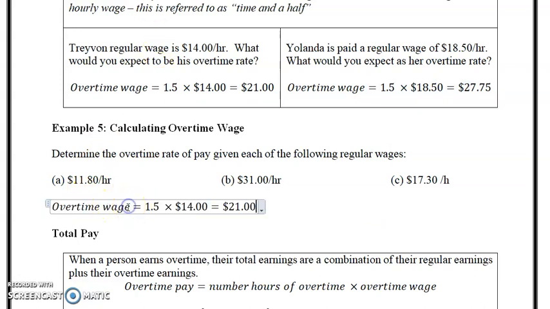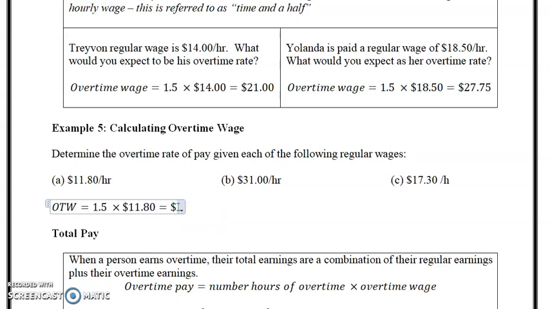Okay. So the overtime wage is equal to 1.5 times 11.80. I'm just going to put OTW, overtime wage for short, just because I don't have enough room here.